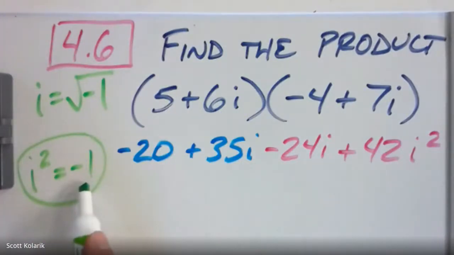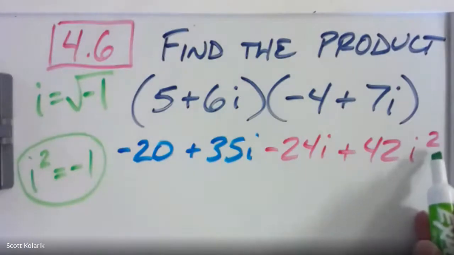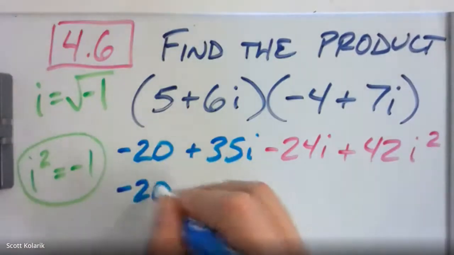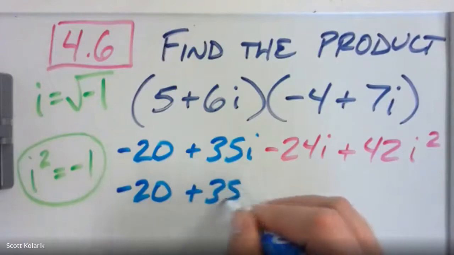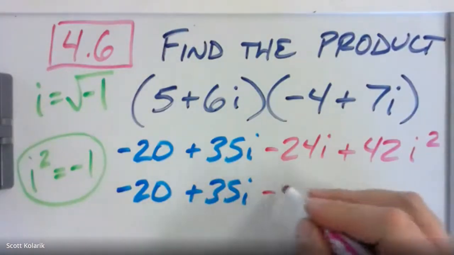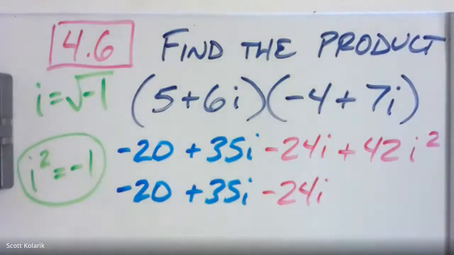Why does that matter? Because this i squared actually equals -1. So let me take the time to represent that here. So -20 plus 35i, nothing's really changing there. Even this -24i right here, there's nothing really unique or different about that. I will be combining like terms just as normal in just a moment.